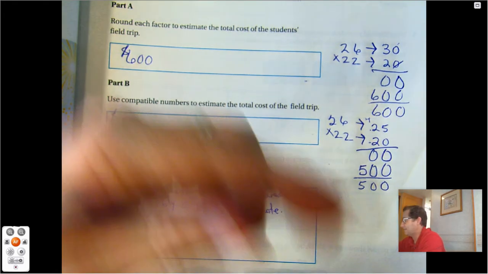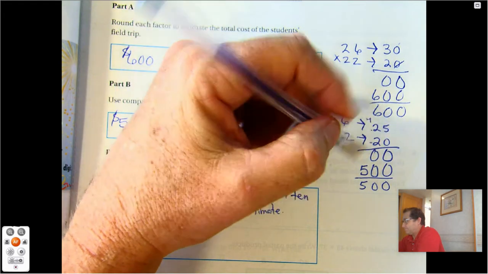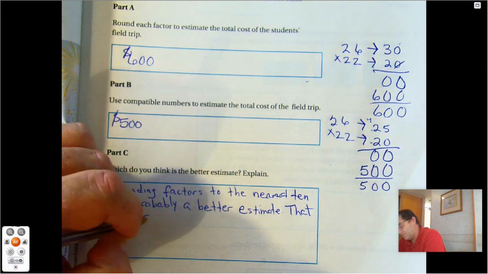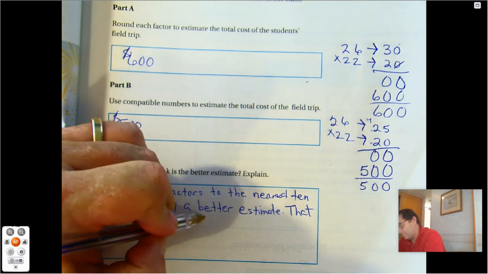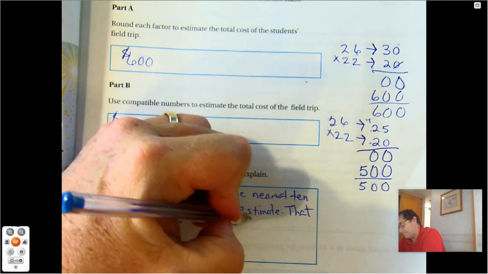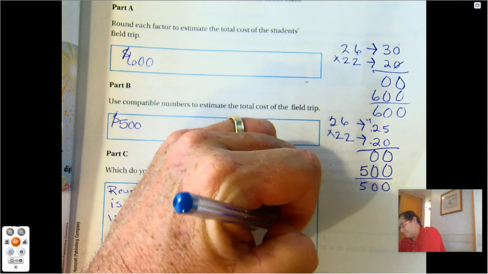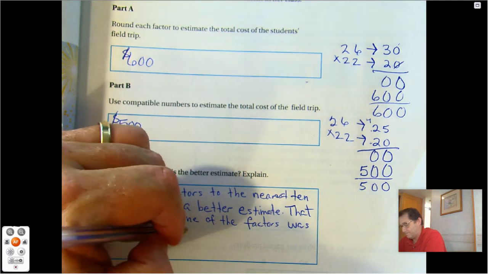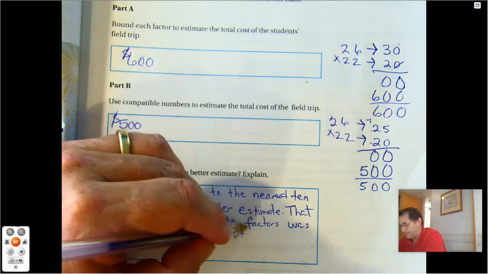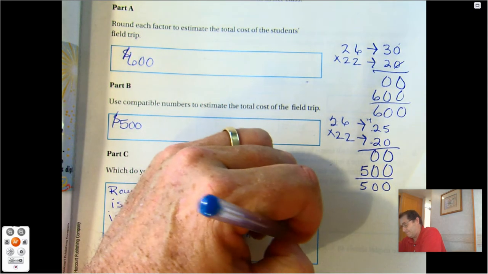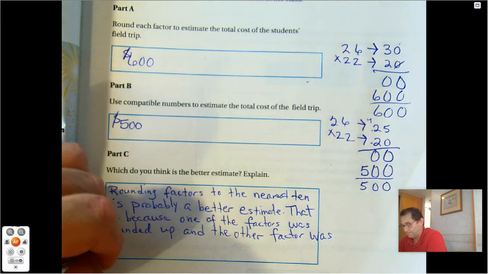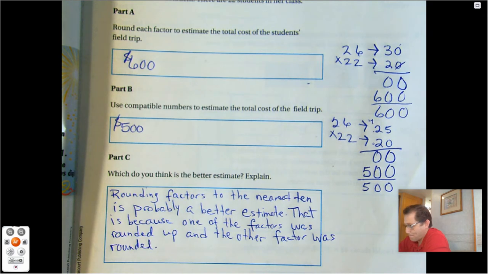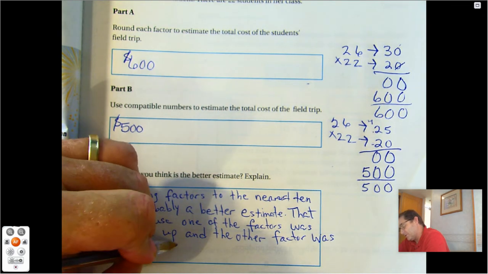Well, as I said, that is because one of the factors was rounded up and the other factor was rounded down. So the estimate is probably closer to the real amount.